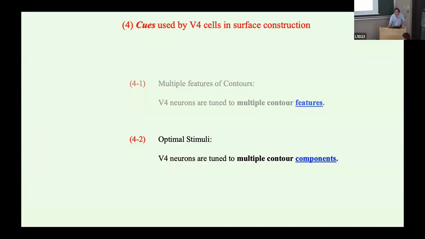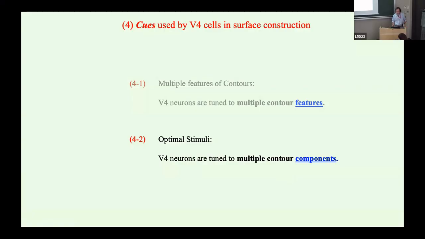But our recent study showed that multiple features of contours play important roles. To make a long story short, very short, we estimated the optimal stimuli of figure-ground neurons. We expected that the optimal stimuli must reflect the cues used by the neurons.